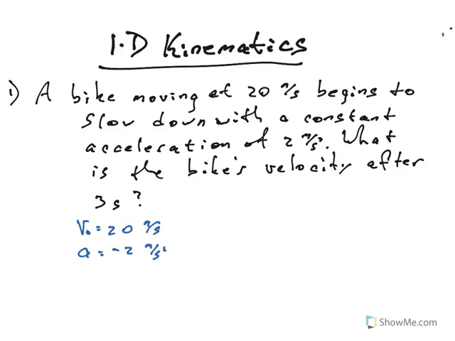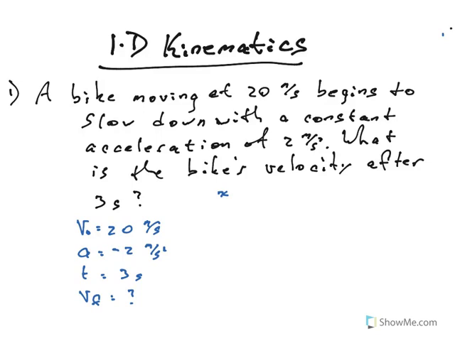What is the bike's velocity after 3 seconds? So I'm told the time we're looking at is 3 seconds, and I want to find the final velocity of the bike. All right. Next step, given a general problem, is to look at what equations are available to us.